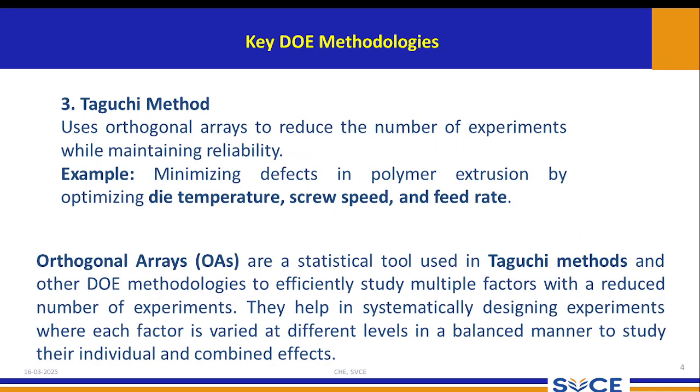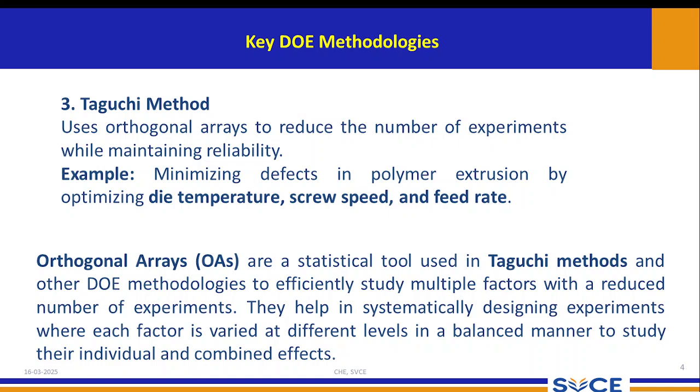Now coming to the Taguchi method, it uses orthogonal arrays. So we should know what orthogonal arrays are. Orthogonal arrays are a statistical tool used in the Taguchi method and other DOE methodologies to efficiently study multiple factors with a reduced number of experiments.